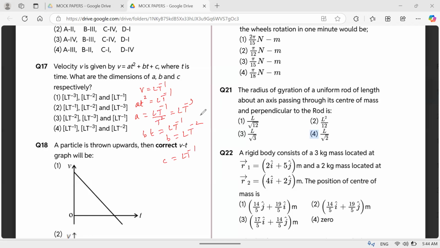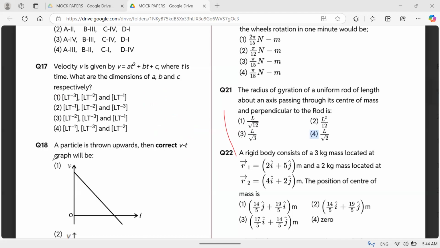The dimension of a is LT power minus 3, then LT power minus 2, then LT power minus 1. Why fourth option? First option, sir. Yes, the first option will be the answer. Clear? Yes, sir. Loving it.